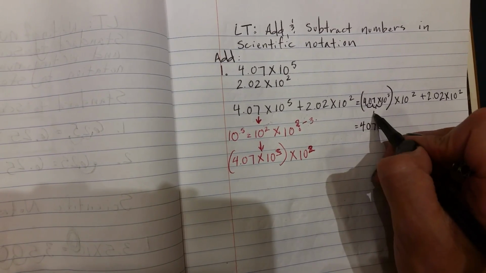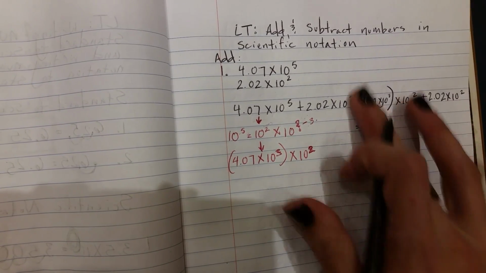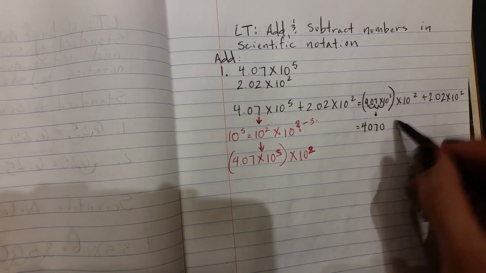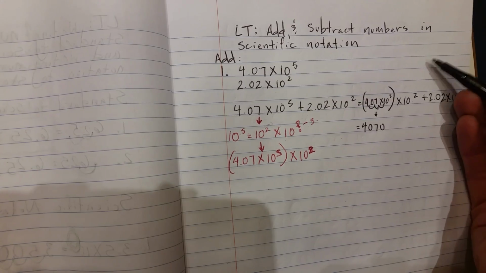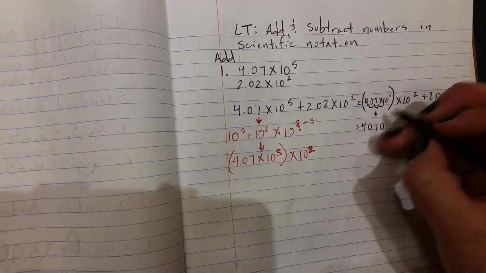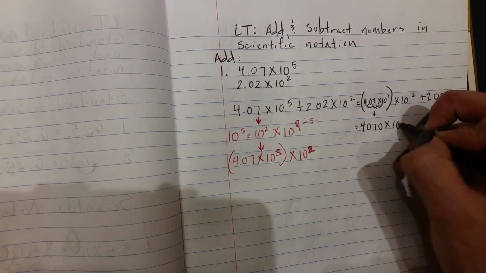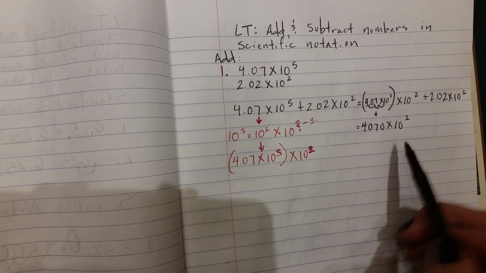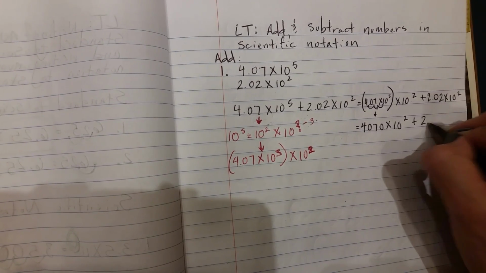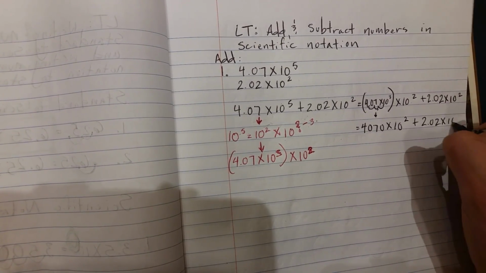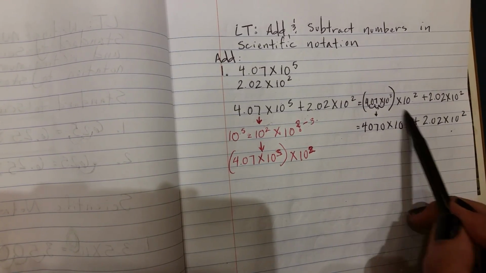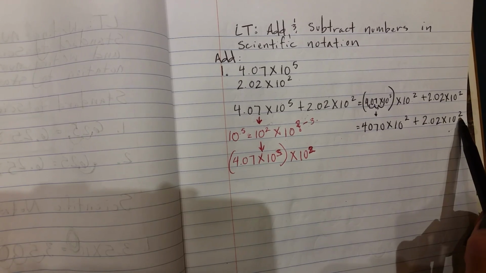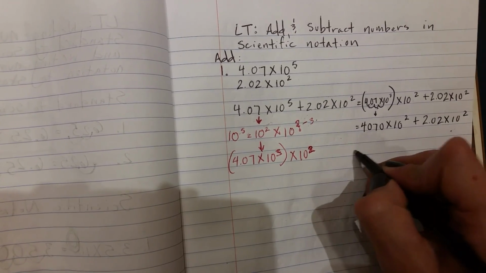Once this has been turned into standard form, it's no longer in scientific notation. I take my multiplication here, 10 to the second power, plus 2.02 times 10 to the second power. Okay, now my exponents are the same, and I can combine my like numbers.